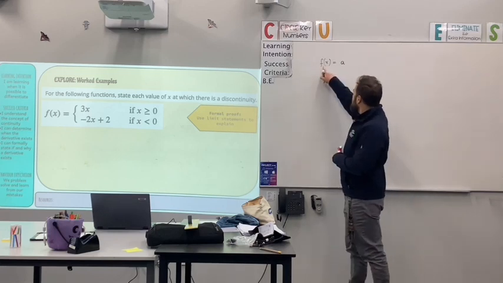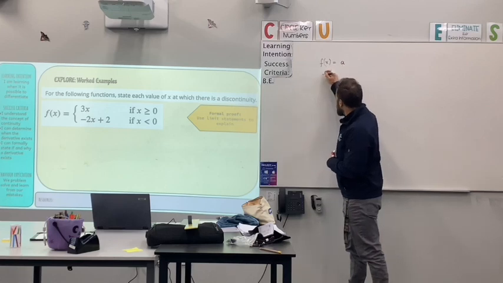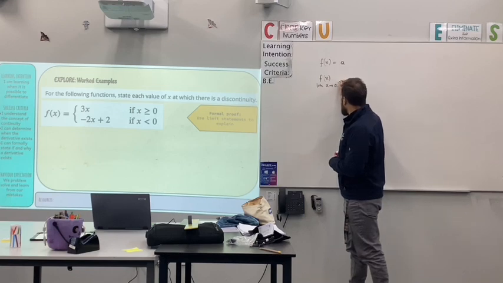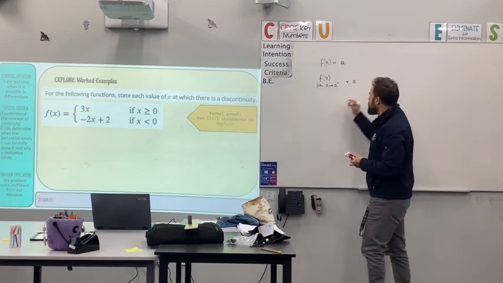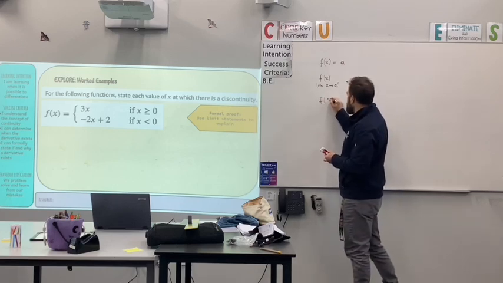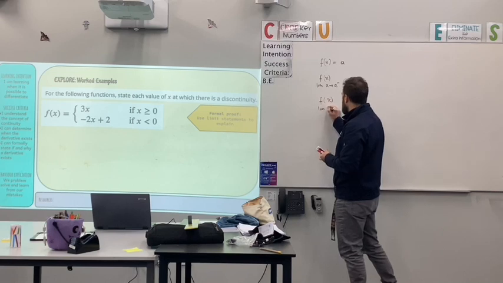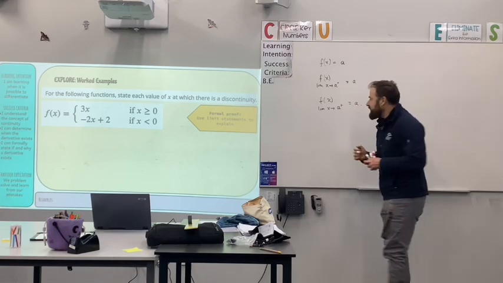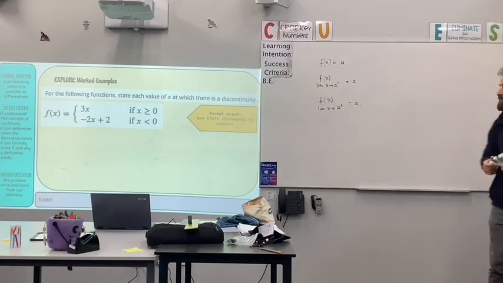So if the value of x is equal to a, and when I approach that value from the left-hand side, the negative side, it must also equal a. And as I approach that value from the right-hand side, it must also equal a. What on earth am I talking about?